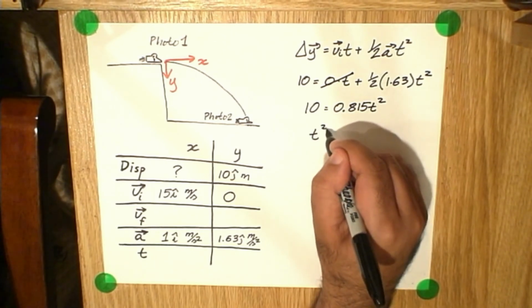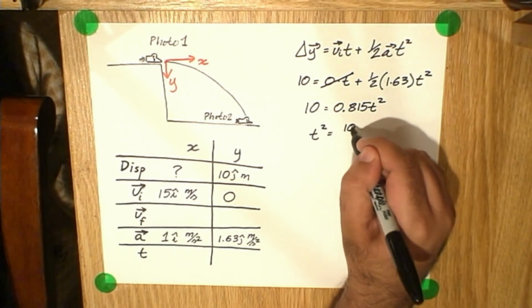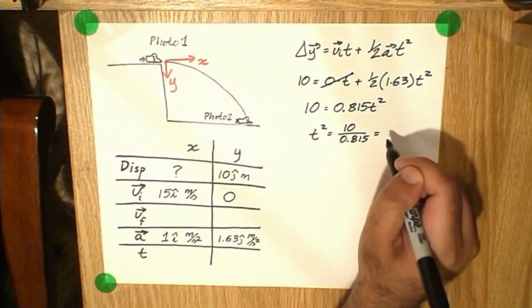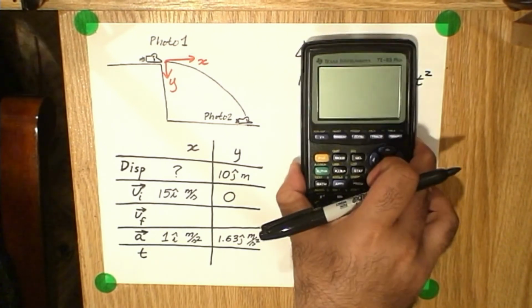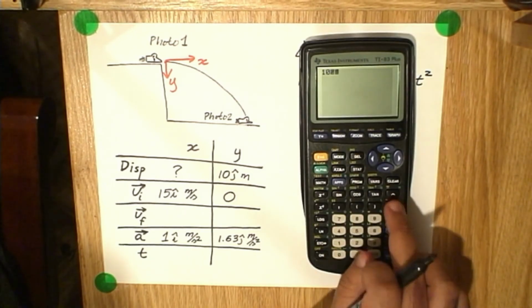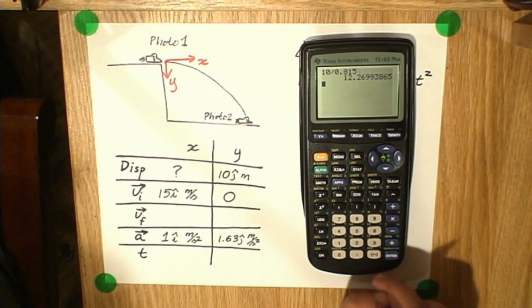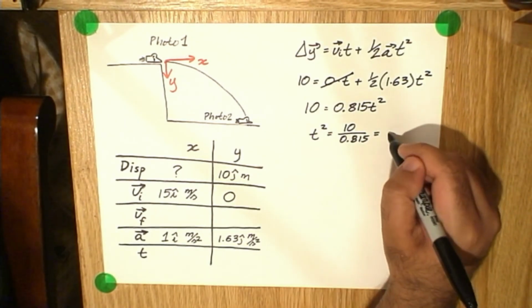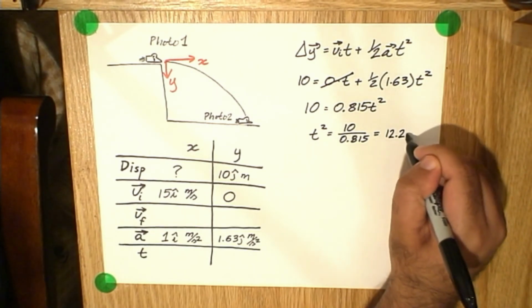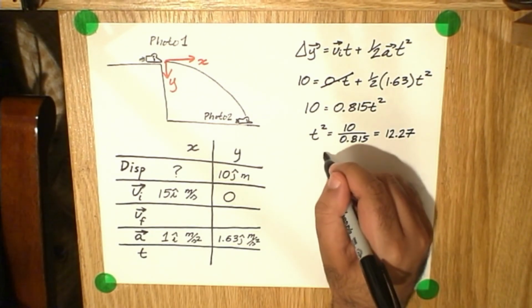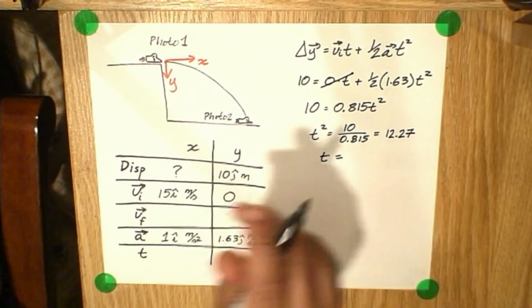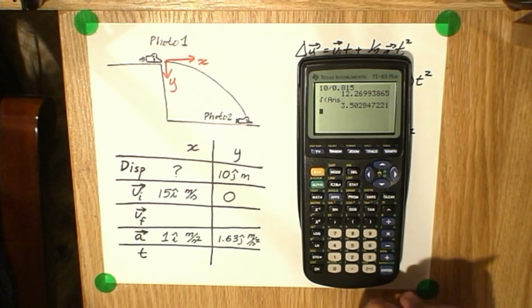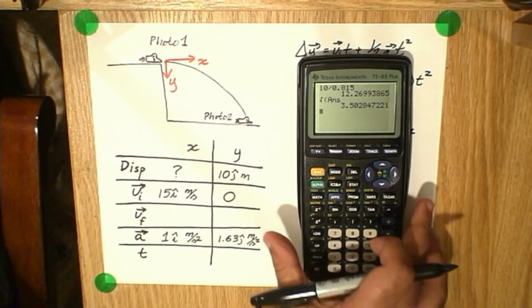So t squared is equal to 10 divided by 0.815, which is 12.27. Which means that the time is just the square root of that, 3.5.